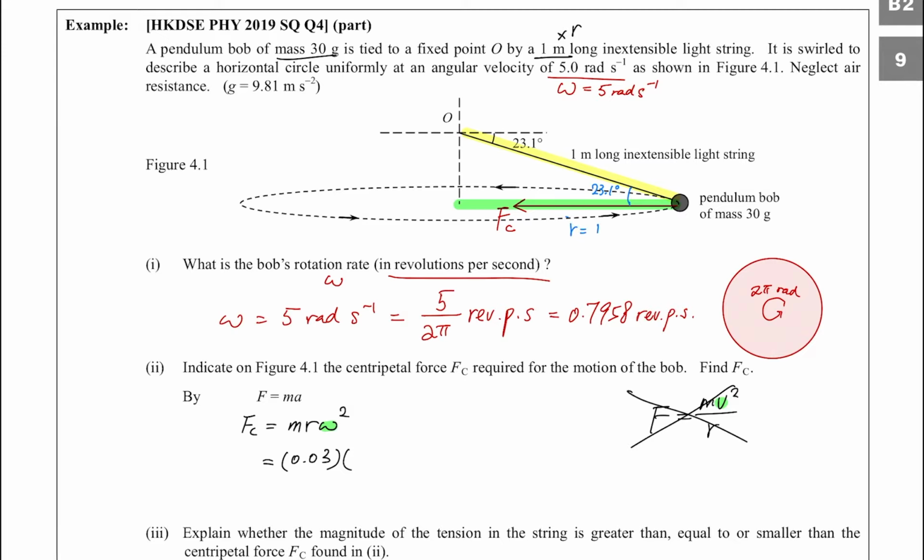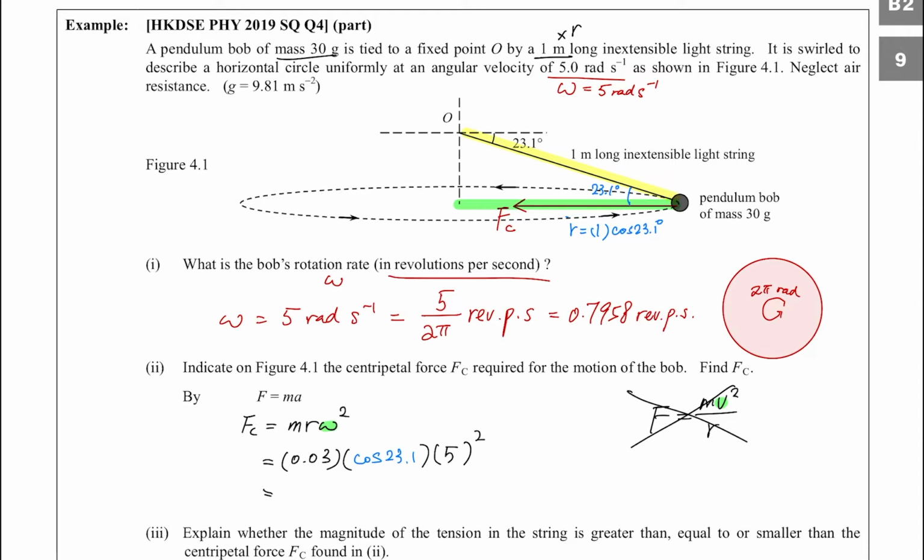Alternate angles. So this length should be 1 times cosine 23.1, not sine, because this green line is touching the 23.1. So we will put cosine 23.1 for the radius. And for omega we just use it, so it is 5 radian per second squared.